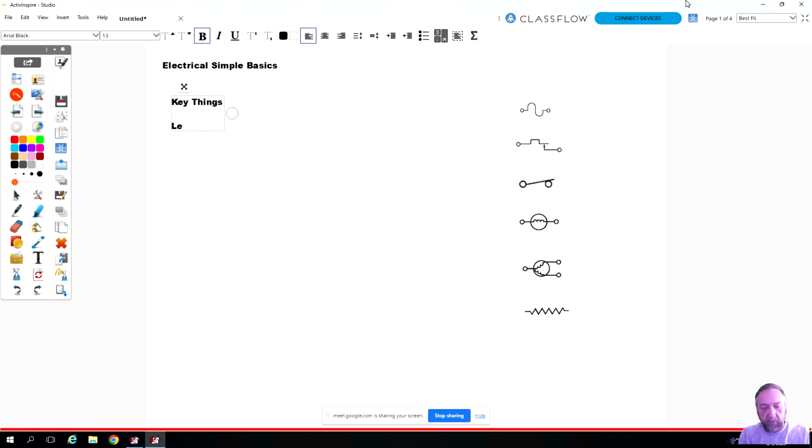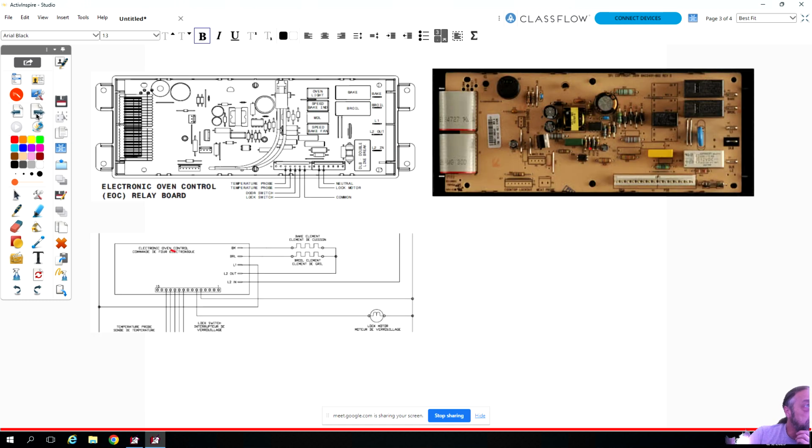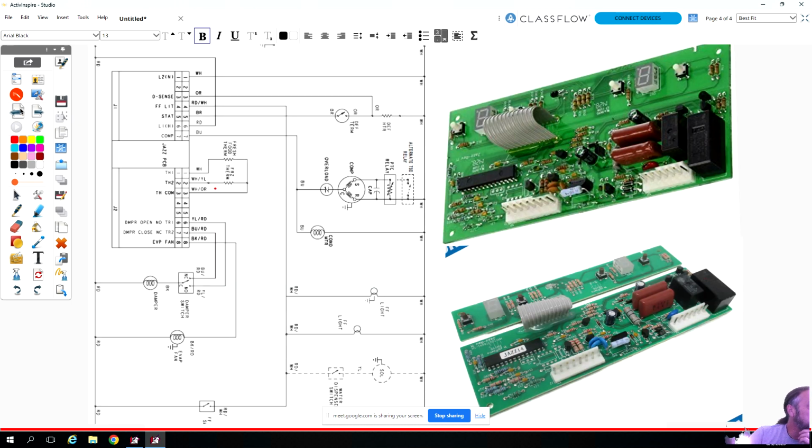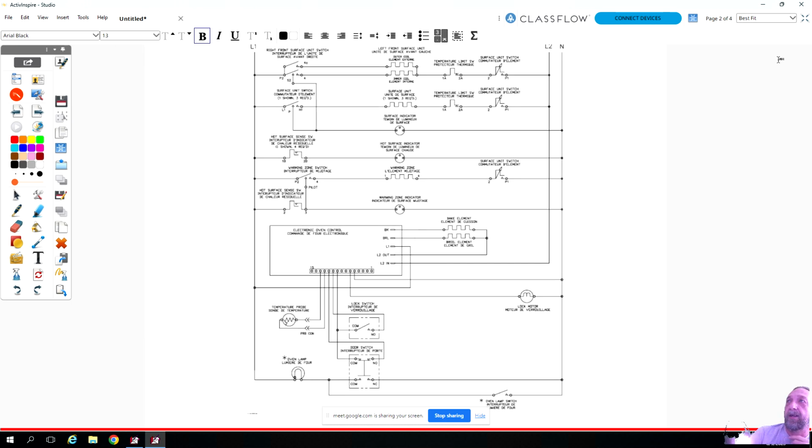Okay, the legend. So the legend is important because when we're looking at diagrams, let me see if I have one in either one of these images. Now I have to go to the full diagram I have. Give me 1 second. I have them open here in Adobe.